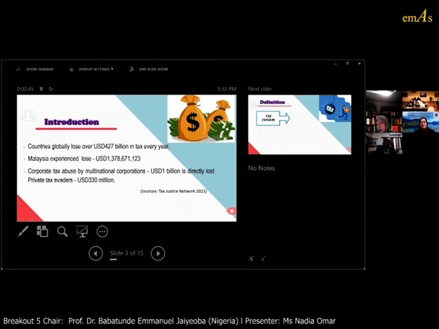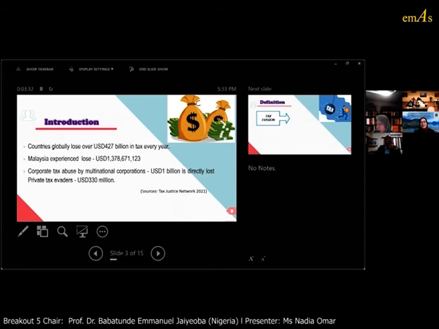Out of this value, Malaysia loses 1,378 million plus, which we can classify into two: tax abuse by multinational corporations, about 1 billion, and private tax evaders, about 330 million USD.